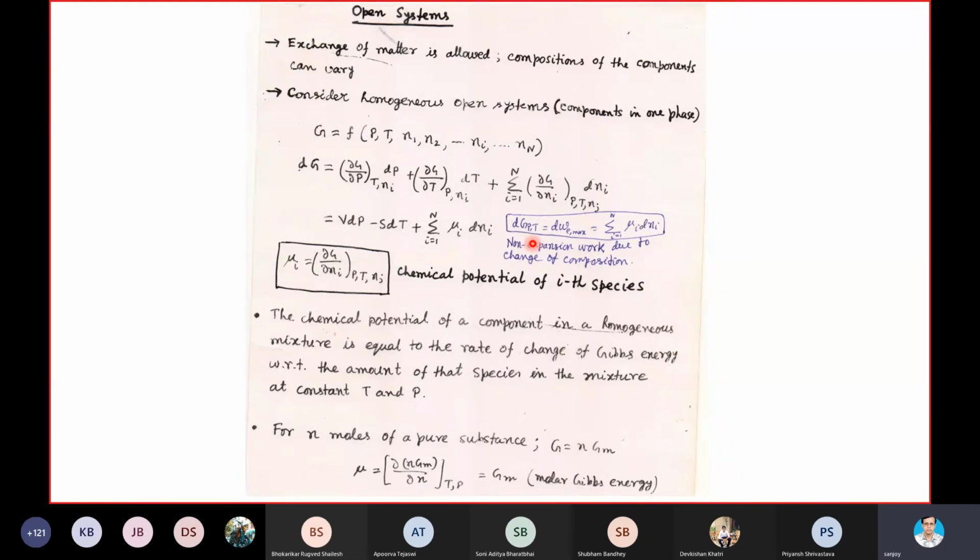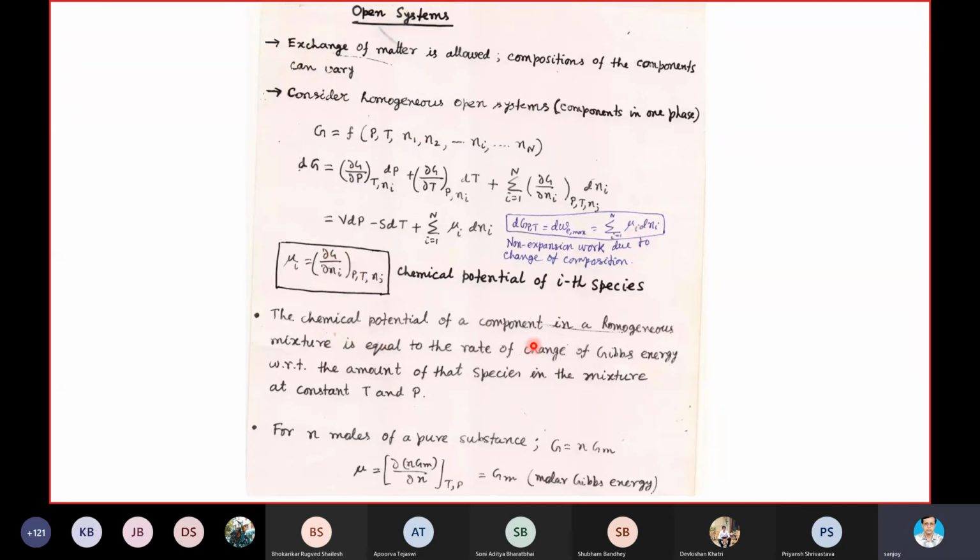And the Gibbs energy change at constant pressure and temperature gives you the maximum non-mechanical, or non-expansion, work that you can get. So if you do this at constant pressure and temperature, this expression represents the non-expansion work that happens due to a change in composition.